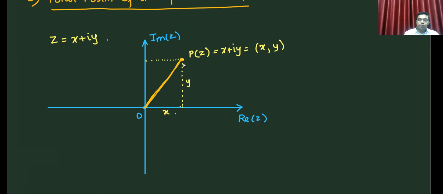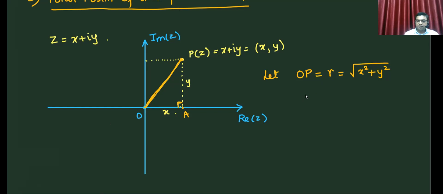Now, what will be this distance OP? Let OP be equal to r. r is under root of x square plus y square, correct? Because this forms a right angle triangle. If you mark this point as A, OAP is a right angle triangle at A, so this will be the hypotenuse.